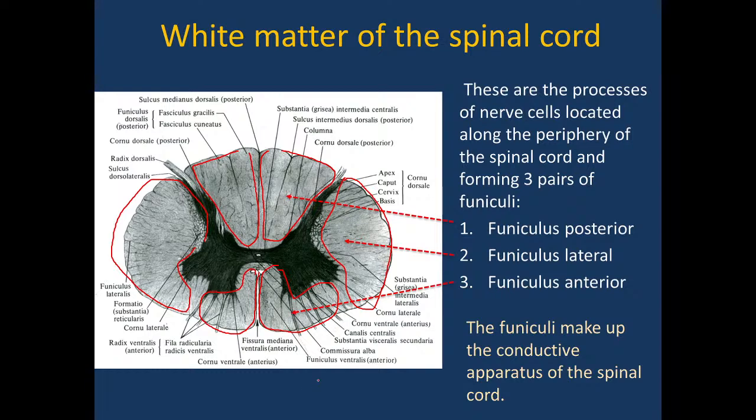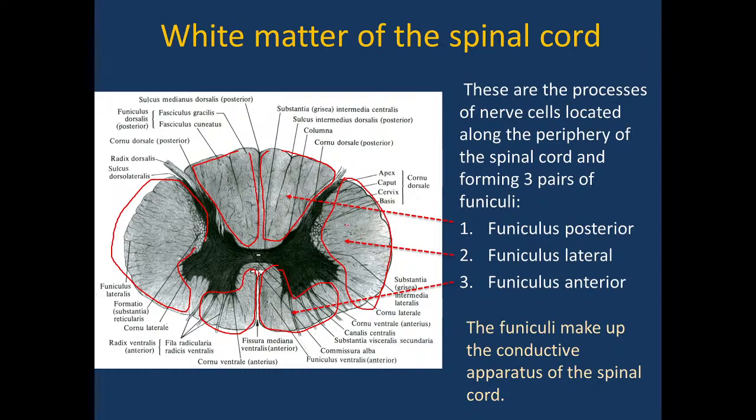Each column in turn contains distinct bundles of axons having a common origin or destination and carrying similar information. These bundles, which may extend long distances up or down the spinal cord, are called tracts or pathways.